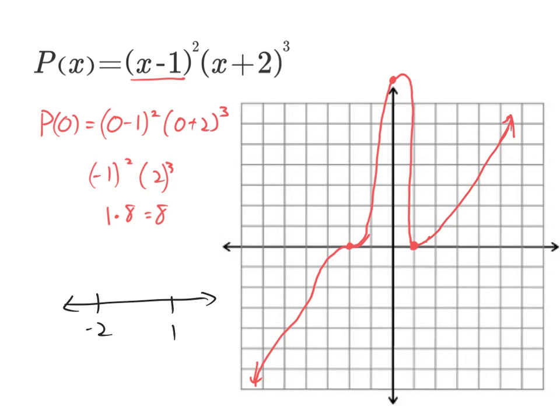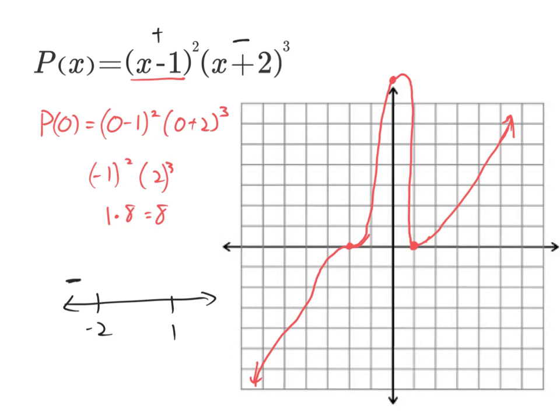So if I plug in something that's really negative on this side right here, let's say -4, you look back up here and plug in a -4 here. -4 minus 1 is -5, but -5 squared is going to be positive. And then if I plug in a -4 here, I get -4 plus 2, which is negative. -2 cubed is also going to be negative, so this is going to be negative. So on my graph, it should be below the x-axis.